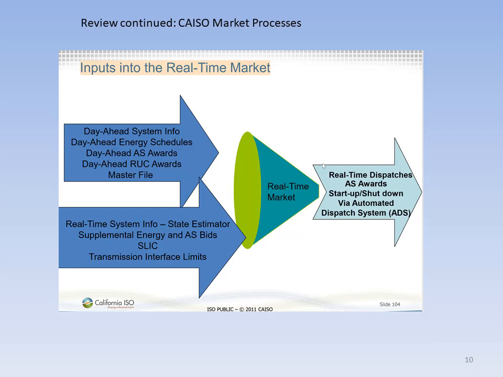CAL-ISO selects resources to provide ancillary service capacity based only on their capacity bid prices and deliverability. End quote.